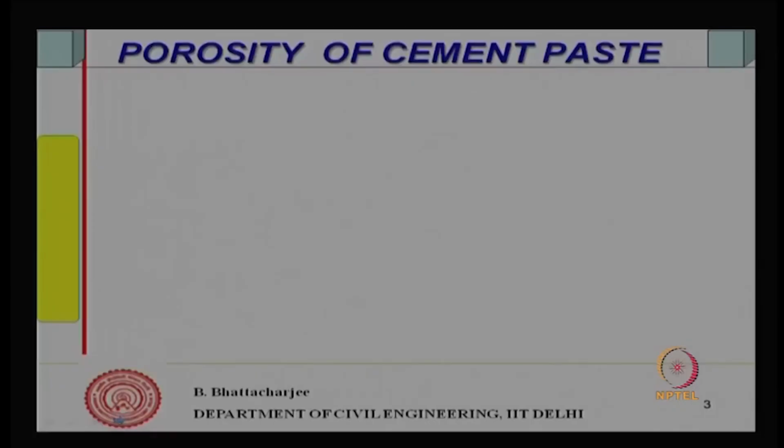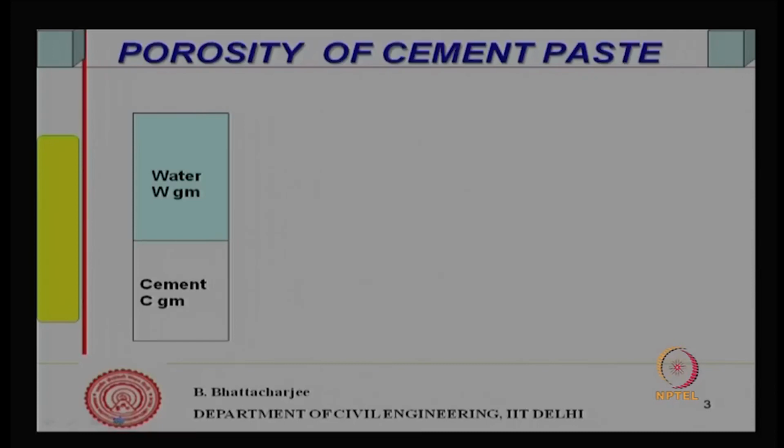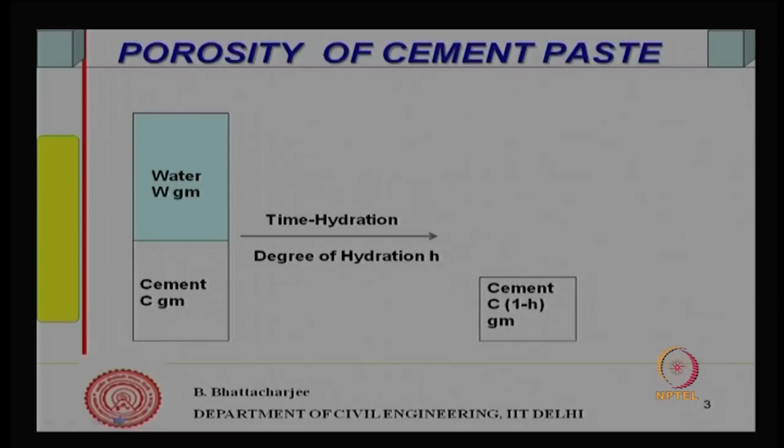So, let us start from this figure, porosity of cement. If you recall the last class, we said let us say C gram of cement, we add W gram of water to it, and with time hydration progresses. Let us say our degree of hydration is H, then unhydrated cement will be C into 1 minus H, because H is the fraction of cement hydrated.